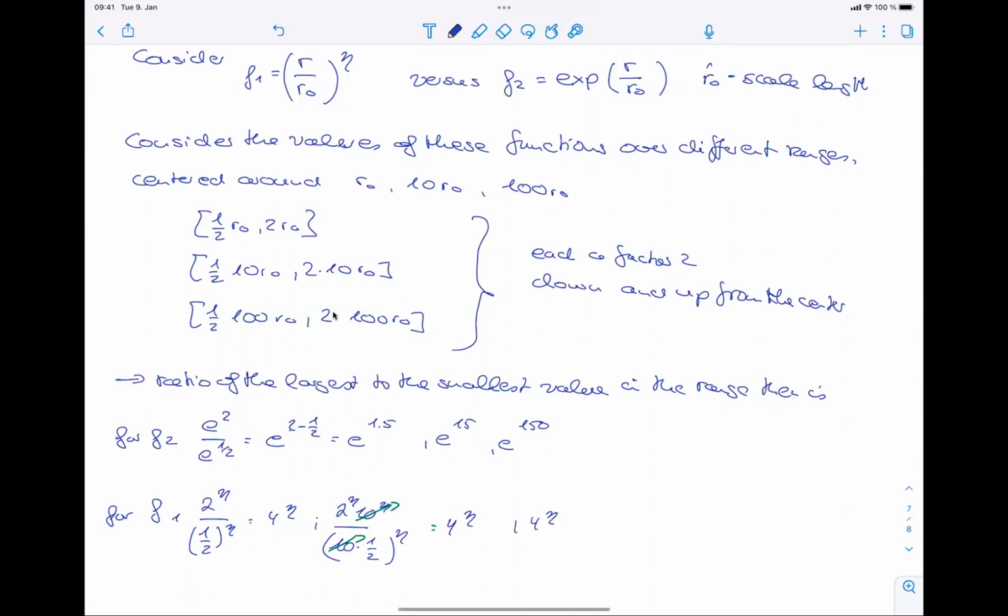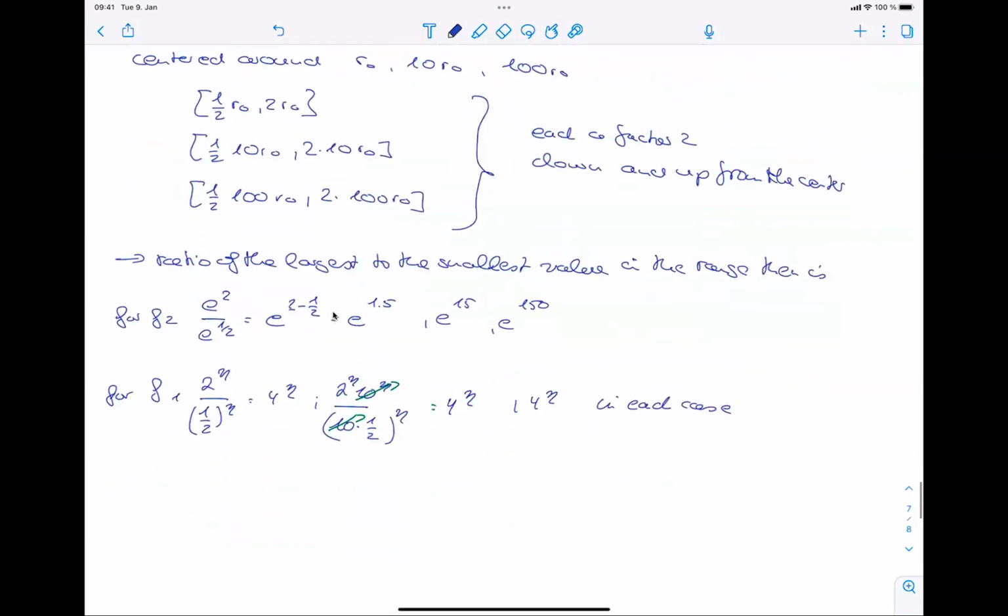And that's also true for the largest one. So independent of the choice of my range at which I look at this function, I find the same ratio between the upper and the lower limit. And what this means is that I can superimpose the functional dependence by just rescaling with a simple change of scale.